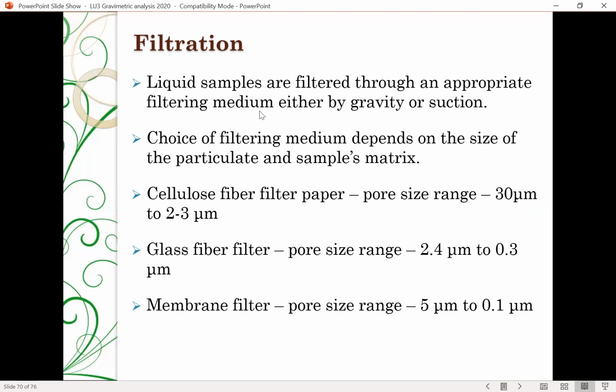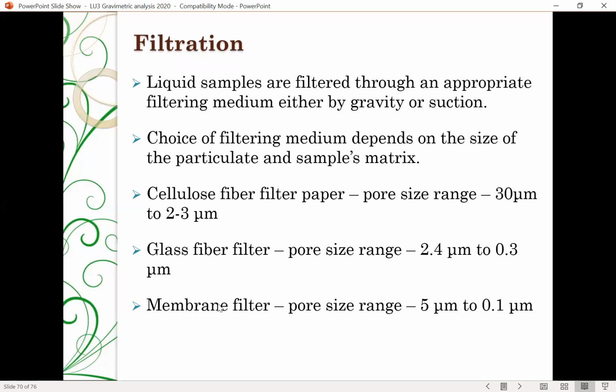In filtration process, liquid samples are filtered through an appropriate filtering medium, either by gravity or suction. The choice of filtering medium depends on the size of the particulate and the sample's matrix. Meaning to say that you choose your filter paper or your filtering medium depending on the size of your particulate.